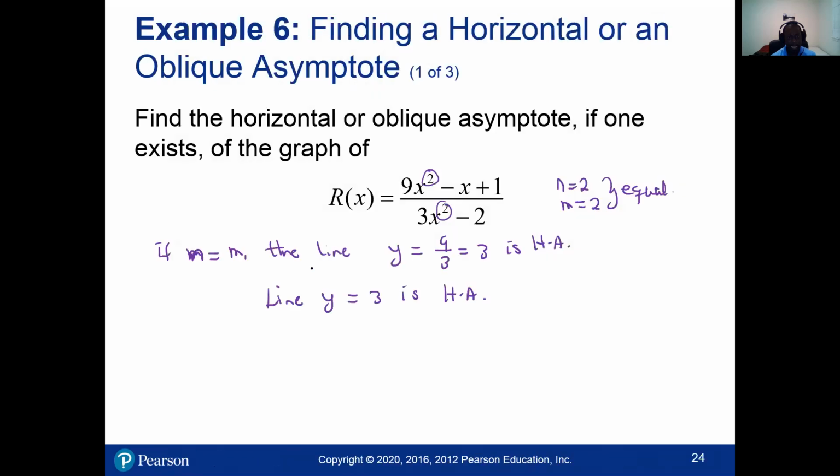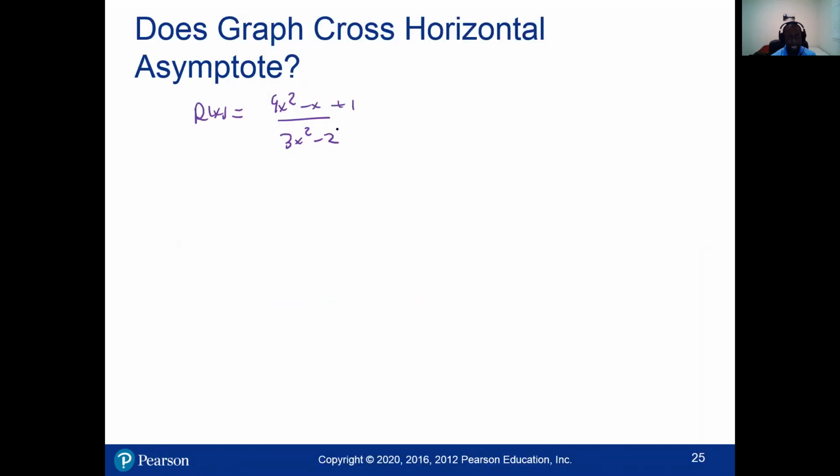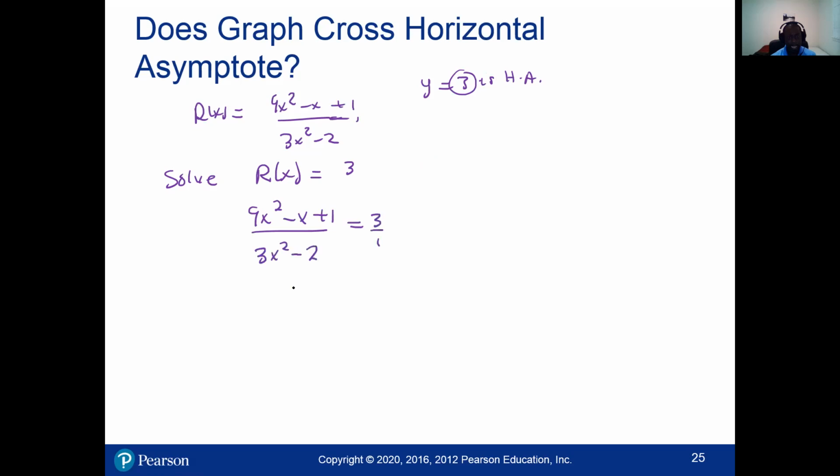We know that y equal to 3 is the horizontal asymptote, so we solve the equation r of x equal to 3. So we have 9x squared minus x plus 1 divided by 3x squared minus 2 is equal to 3 over 1. So let's cross multiply.